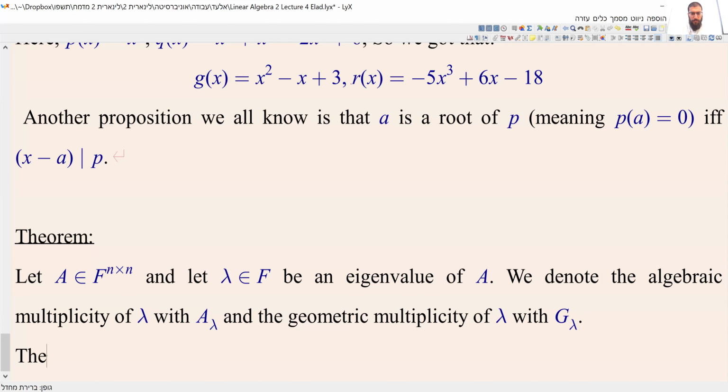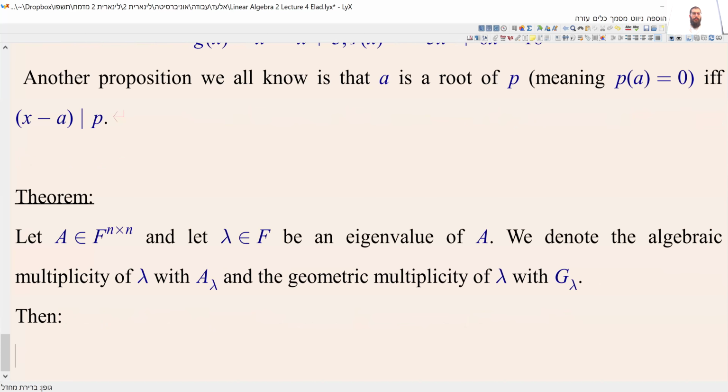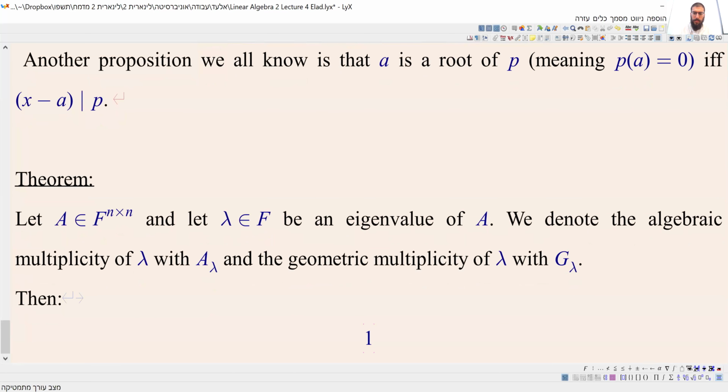Then what is our theorem? First of all, the multiplicities are at least one, and they are at most n, the order of the matrix. And what's most importantly, the geometric multiplicity is always smaller or equal to the algebraic multiplicity.